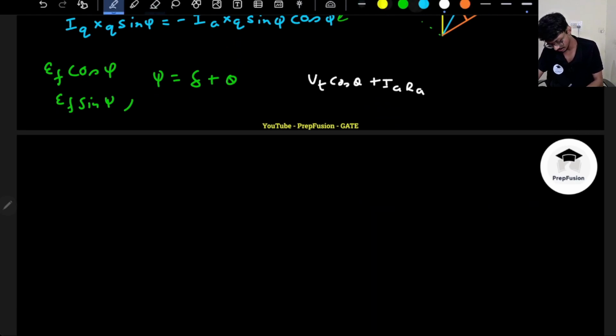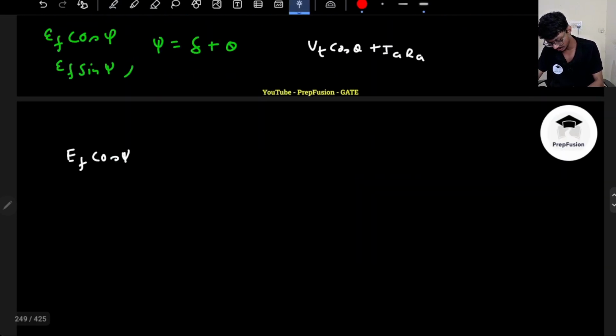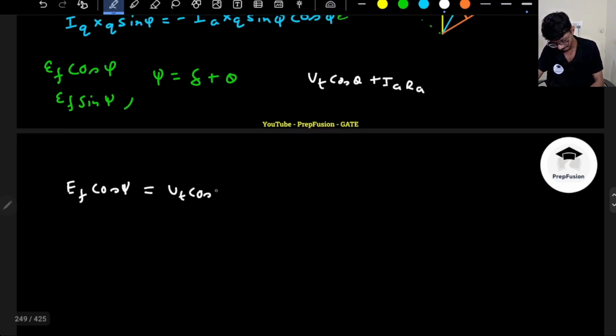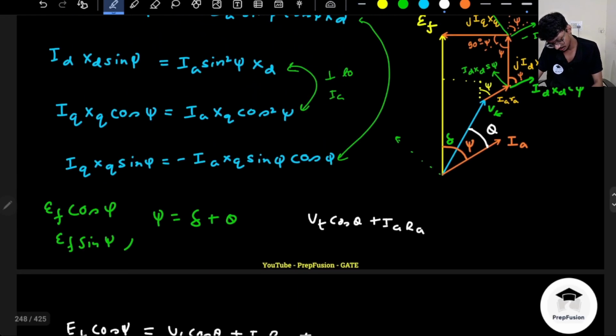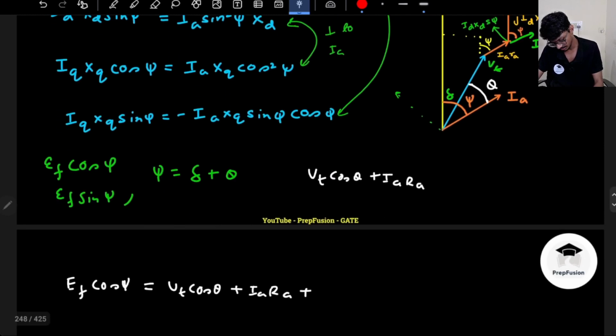So I will write this Ef cos xi component along IA. Ef cos xi will be equal to Vt cos theta plus IA Ra plus this value, IA Xd sin xi cos xi.